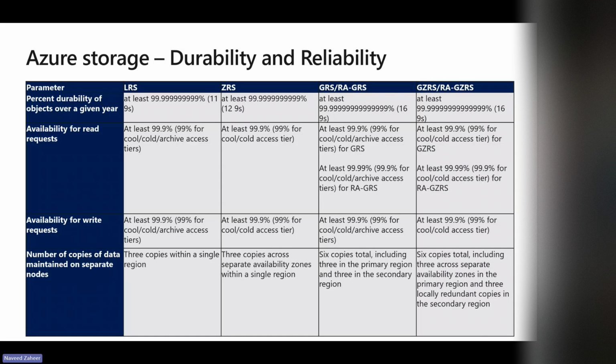In that case, you have six copies, three in one region and three in the other, and they're all spread across zones. Finally, there is the ability to access the secondary replica read-only. There's a primary replica in the case of geo-redundant, and a secondary replica. On the primary you can read-write, and you have an option to make the secondary replica read-only. So that option is available.